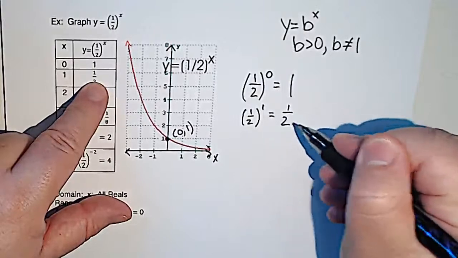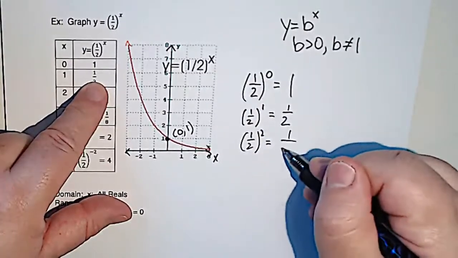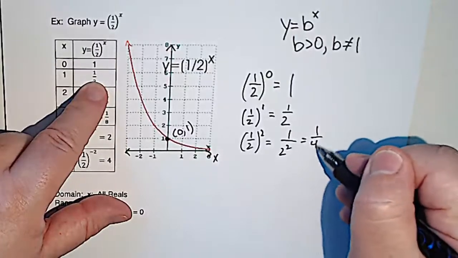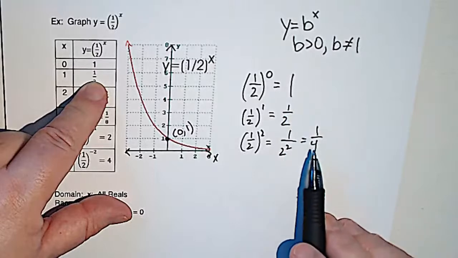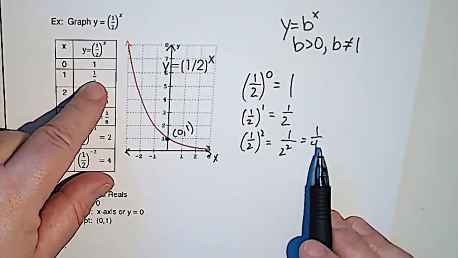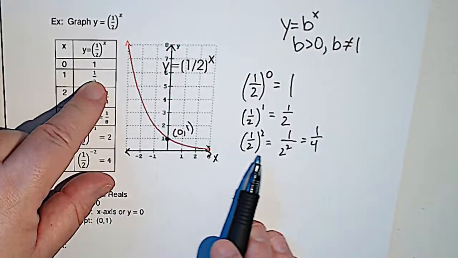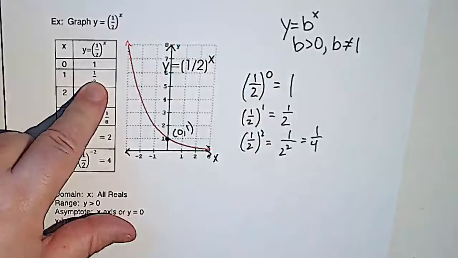That's 1/2. 1/2 squared is 1 over 2 squared, which is 1/4. So as the exponent gets bigger, the y value gets smaller. So we've got this interesting inverse thing happening. As x is getting bigger, so we're going this way, y is getting tiny because it's becoming a fraction.